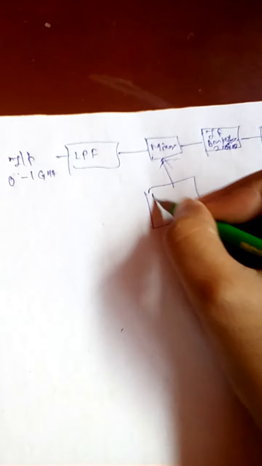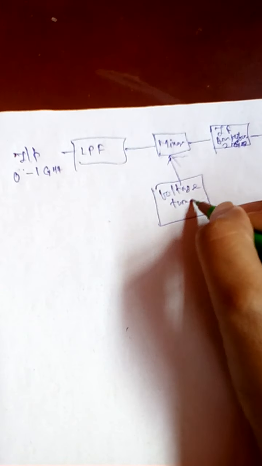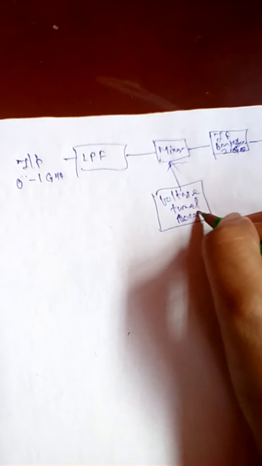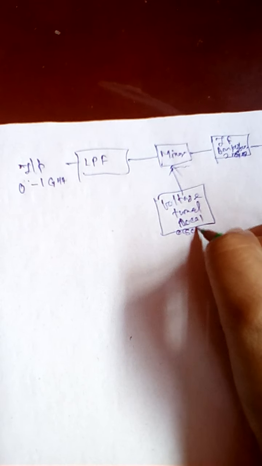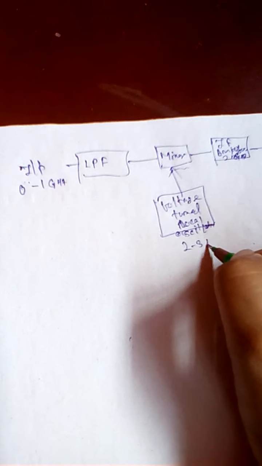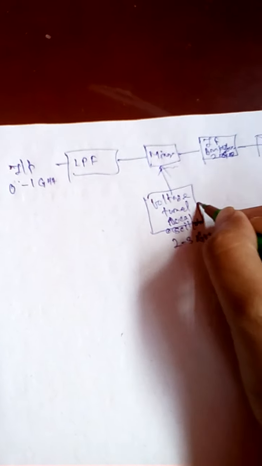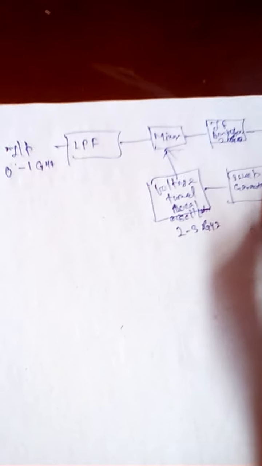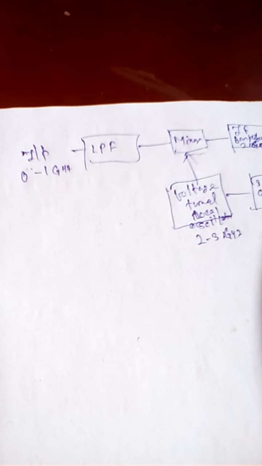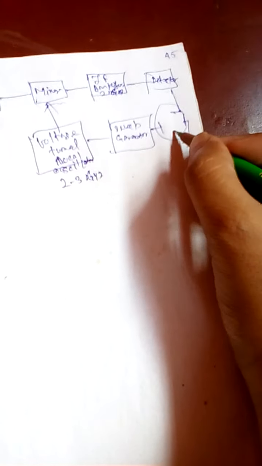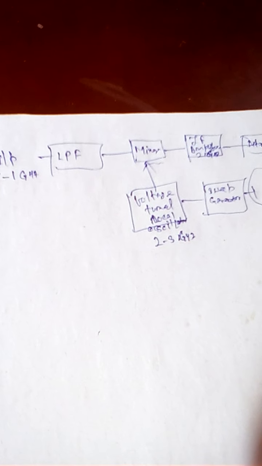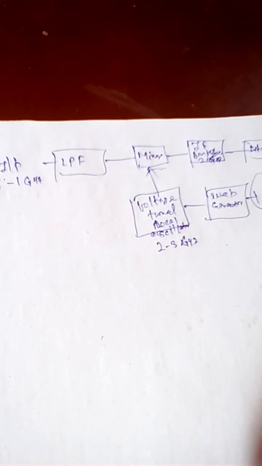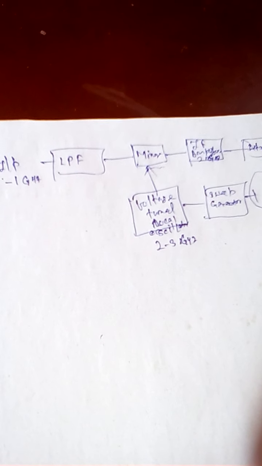There is a mixer and a voltage tuned local oscillator which gives 2 to 3 gigahertz, there is a sweep generator, and then we take the output on the CRO screen. The frequency range covered by the instrument is 1 megahertz to 40 gigahertz, and this spectrum analyzer covers the range 500 kilohertz to 1 gigahertz.